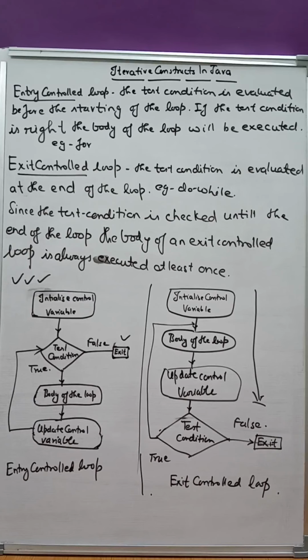If a question comes in the exam asking for 2 major points of difference between the entry control loop and exit control loop, in one of the differences you will tell how the execution occurs: in the entry control loop, the condition will be checked first, but in the exit control loop, the condition will be checked at the end of the loop. The second point is you can provide the examples of the for loop and the do while loop.